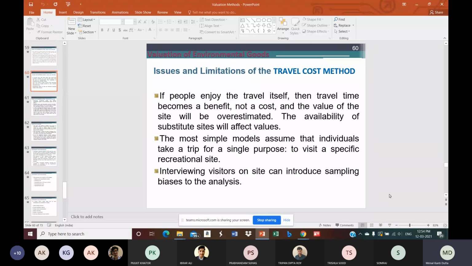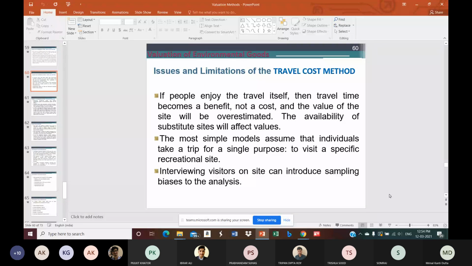If there are multi-purpose trips, isolating the travel cost and estimating it separately might be very difficult. For example, you might have gone to an educational institution for some other work. At the same time, you also visited some other places. In that case, how will you divide the travel cost which is spent on both these cases? Of course, your primary objective was to visit an educational institute.